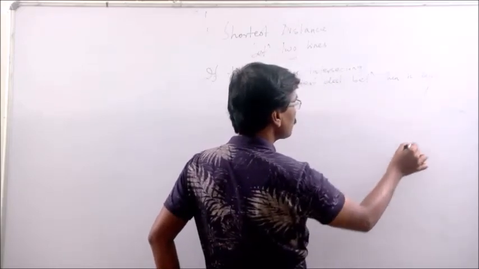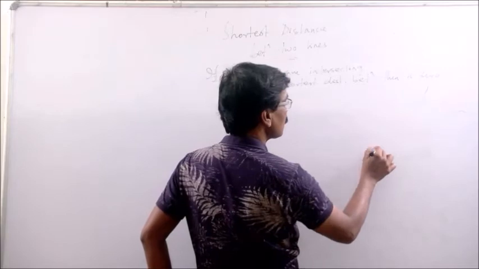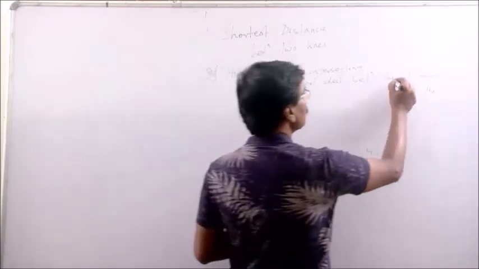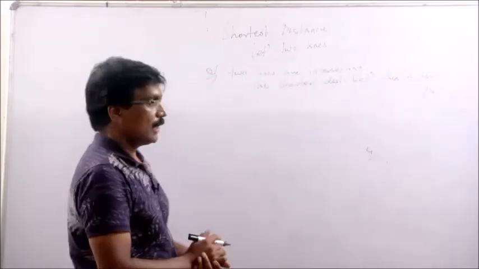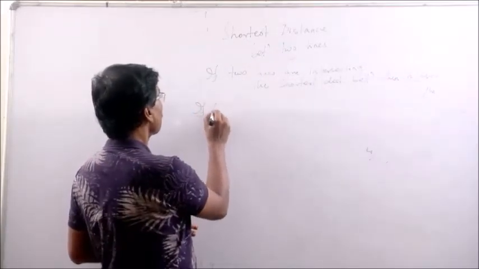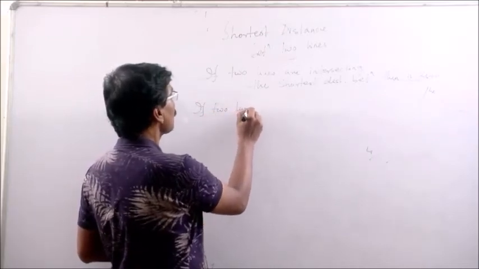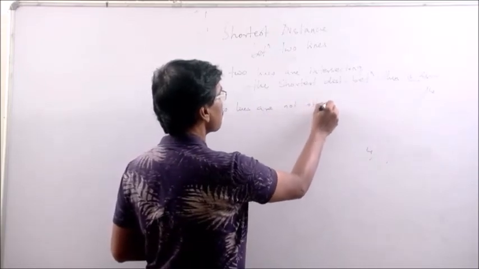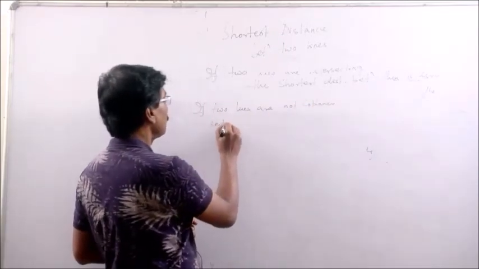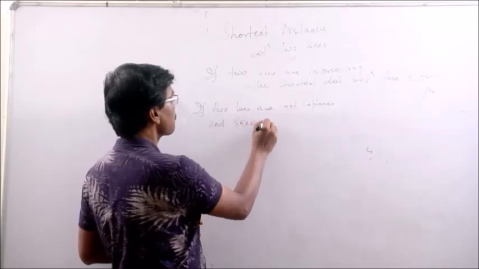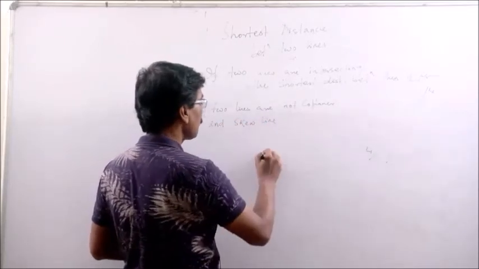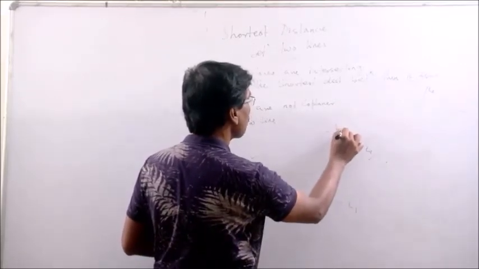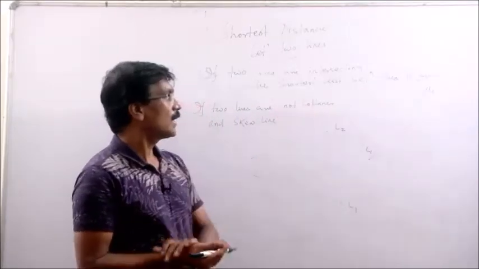So, if two lines intersect, then the shortest distance between them is 0. If two lines are not coplanar and are skew lines, suppose the two lines L1 and L2 do not lie in a plane.